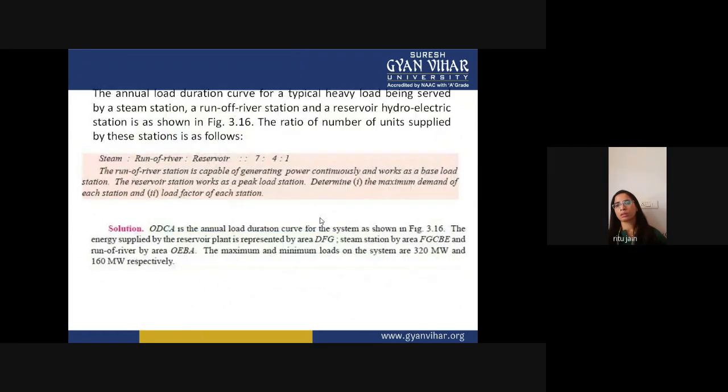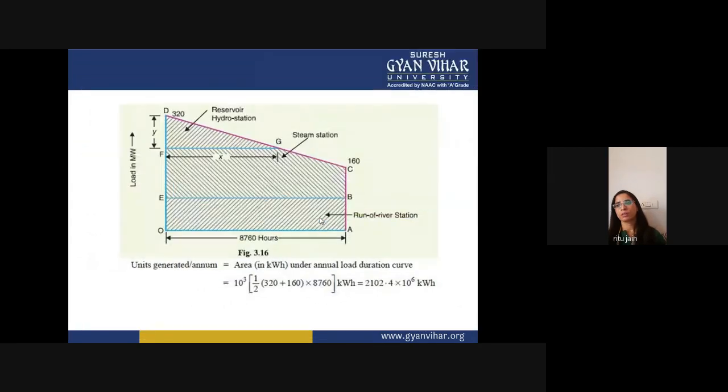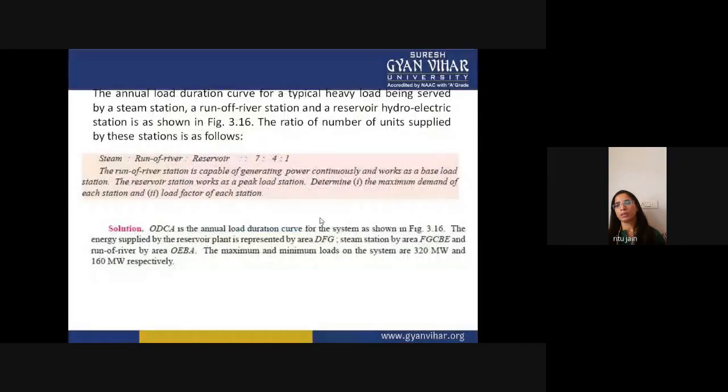So the energy supplied by the reservoir plant is represented by the area DFG. Okay. And the steam station by the area FGCBE and the runoff river by the area OEBA. And the maximum and minimum loads are 320 megawatt and 160 megawatt respectively.